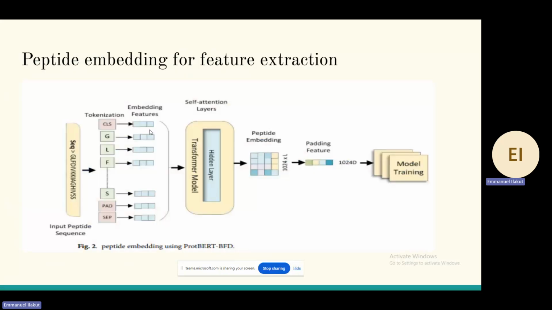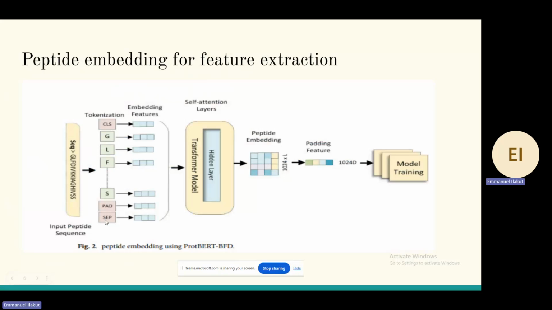So here I have an image of peptide embedding for feature extraction. This was using this probability model where we take input, tokenize, and then we have this SEP, which is basically a delimiter, you could say. So if you have text like, I want to go, full stop, and then another sentence, the SEP here acts as a delimiter.